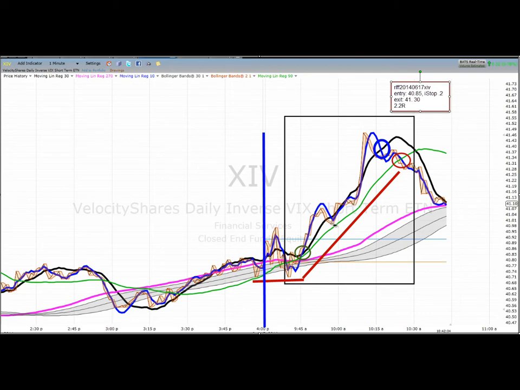If this had gotten me out, then a resumption or making a new high of the day and an upward move would have gotten me back in either here or here. But in this case, I'm using the 90 as the trailing stop. So we just stay in that trade, and then the signal is confirmed here at 41.30 at about 10:20. So that's about 35 minutes.